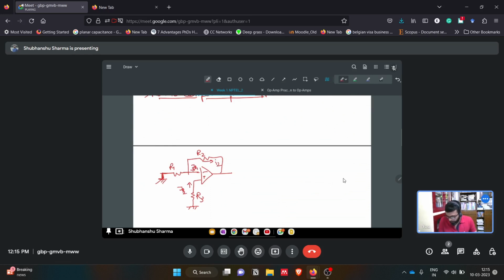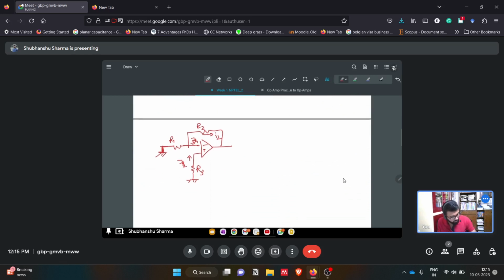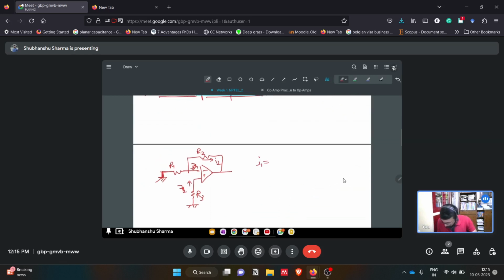Okay. So now, if we talk about I1, what will be I1? This is what we saw: I1 is the current, Vin minus V minus by R1. Vin is 0, but V minus here in this case will be minus IB2 R3, the drop from here to here.